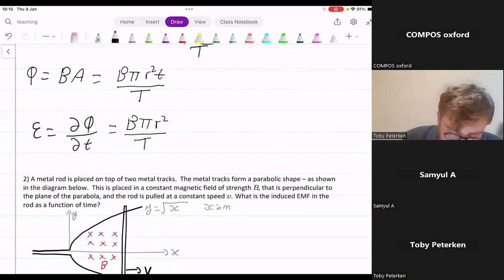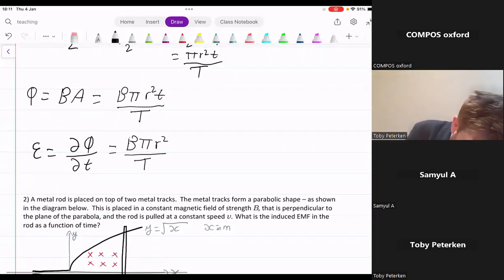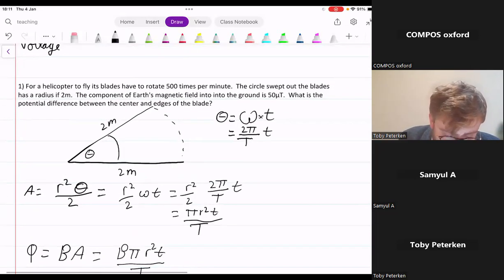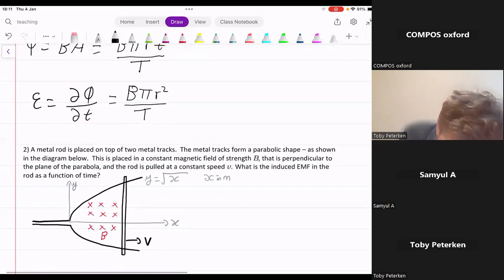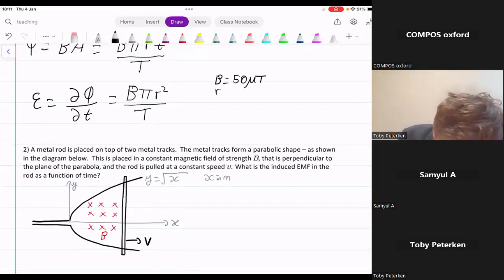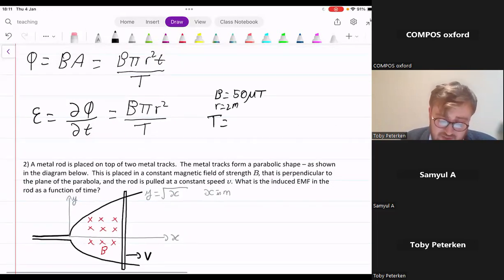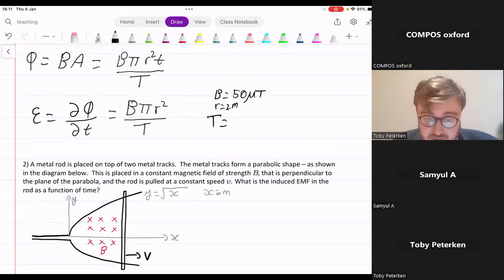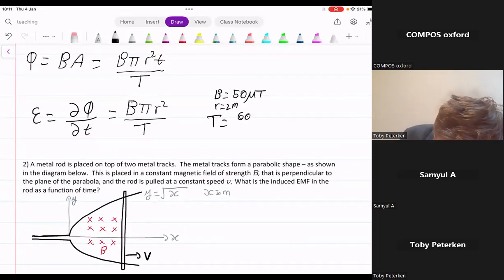And so we need to put numbers in. What do we need? We need B equals 50 microteslas, R equals 2 meters. The time period, and we said it's 500 per minute, so the time period is 60 seconds for a minute divided by 500 rotations.